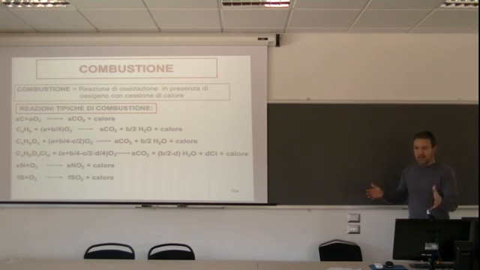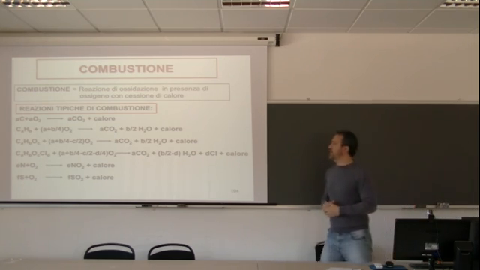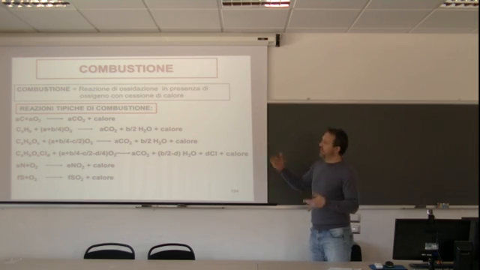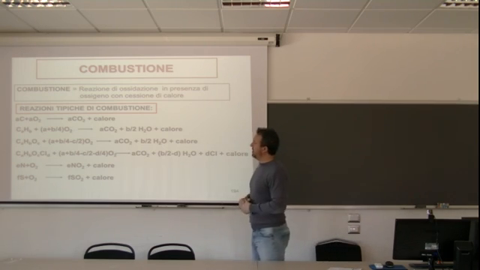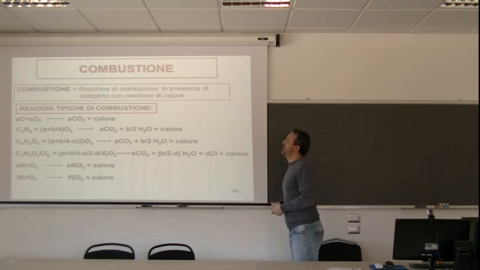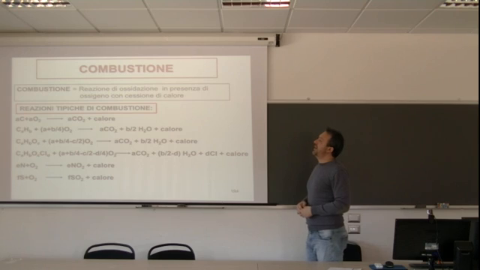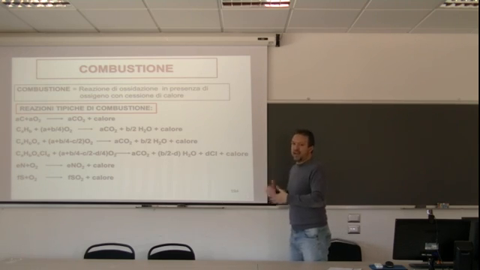I think we can finish the lesson in the next class. But I introduced the combustion process. Here you can see I don't comment on this reaction because it is very simple. But here you can see the main oxidation reaction, because combustion is an oxidation.